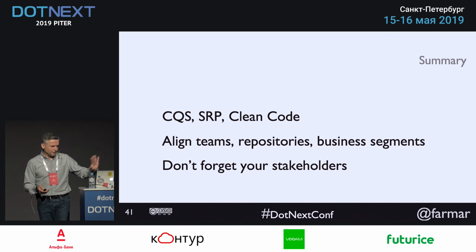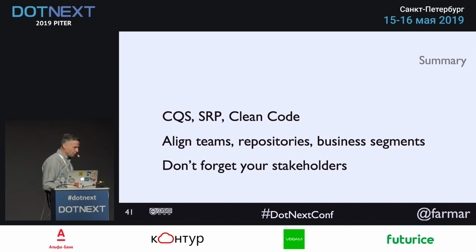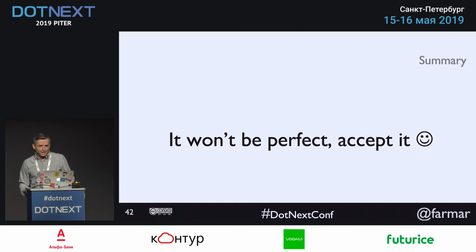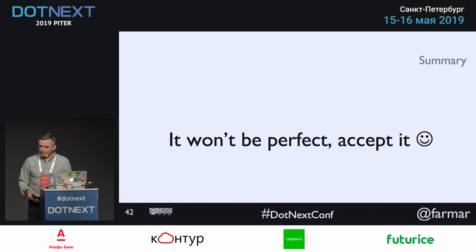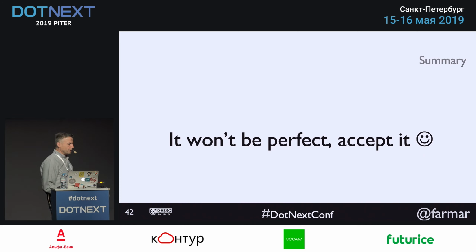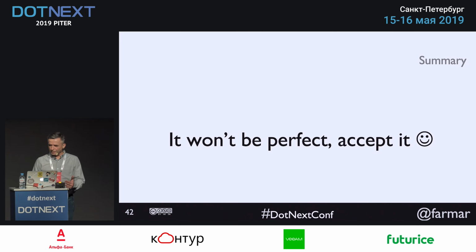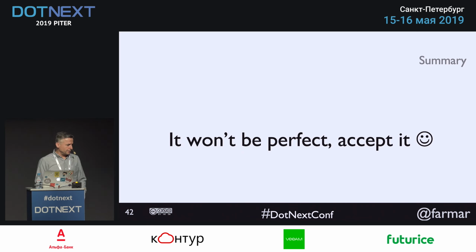And I know we don't think of them as being important, but they're the ones who keep you alive. And it won't be perfect. Accept it. Live with the imperfect world. It's not a bad thing. It's a good thing. Be happy that nothing is perfect in this world.